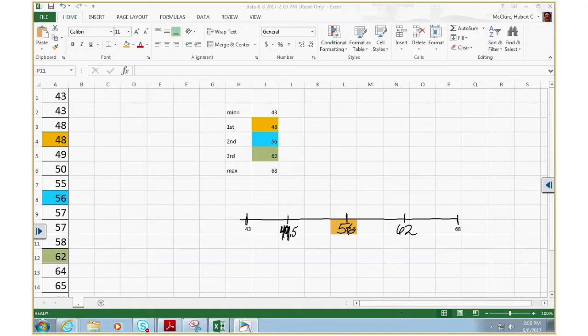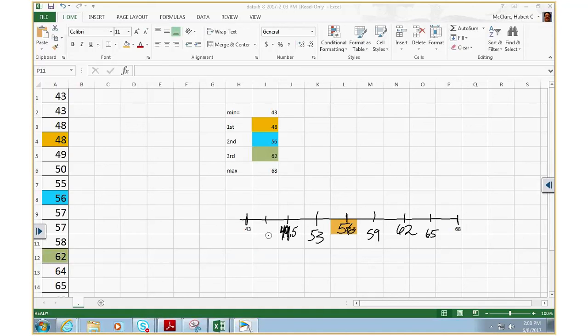All right, and then you can do this in your head. The difference between 62 and 68 is 3, so that'd be 65. 56, that'd be 3, so that'd be 59. 3 here, that's 50, so that'd be 53. And 3 here, 43 to whatever is 6, half of 3.